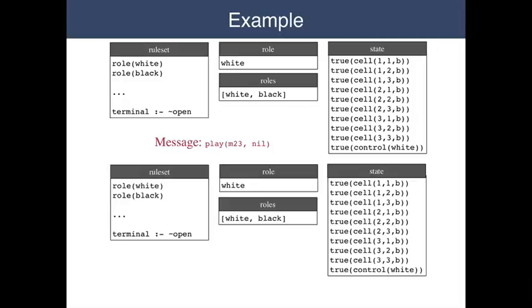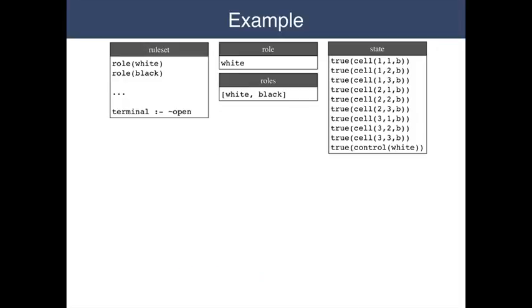On receipt of this message, the player code invokes the play handler with the arguments passed to it by the game manager. Since the move argument is nil, no changes are made to the data structures at all. And using the state together with the role and the role description associated with this match, the player then computes the first legal move. In this case, mark 1-1, and it returns that as the answer.